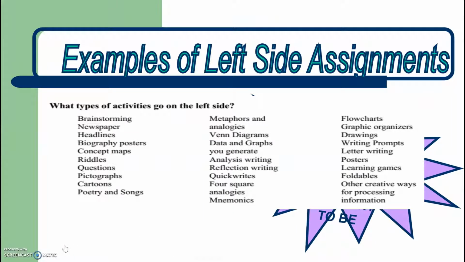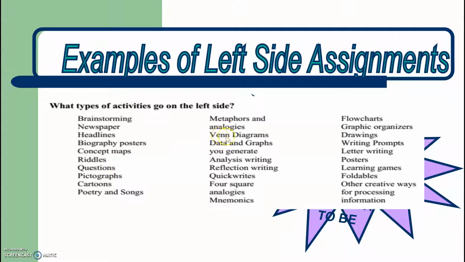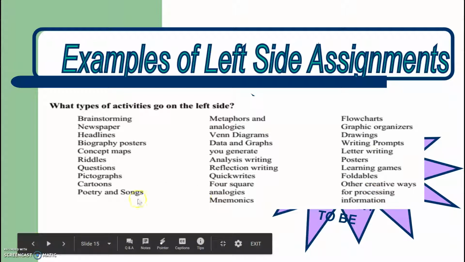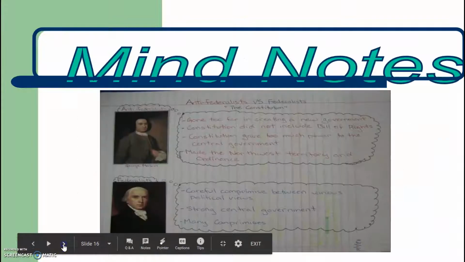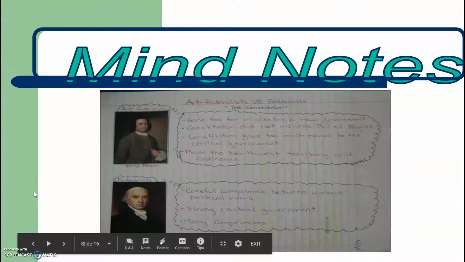Here's just a big list of possible left sides. I see a lot of students do cartoons and pictographs, Venn diagrams, what's similar, what's different, flow charts, graphic organizers, writing prompts, other creative ways for processing that information. Here's an example of a left side with Federalists versus Anti-Federalists.